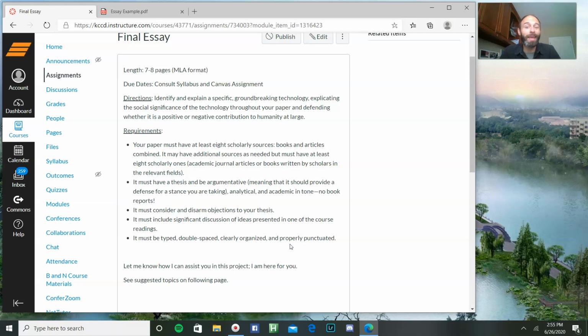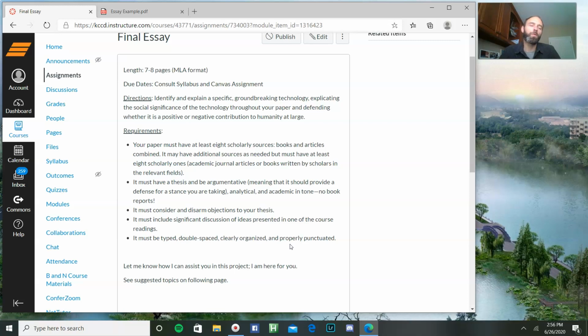You must have at least 8 scholarly sources, so books and articles combined. It may have additional sources as needed, but must have at least 8 scholarly ones. Scholarly sources will be academic journal articles or books written by scholars in the relevant fields.